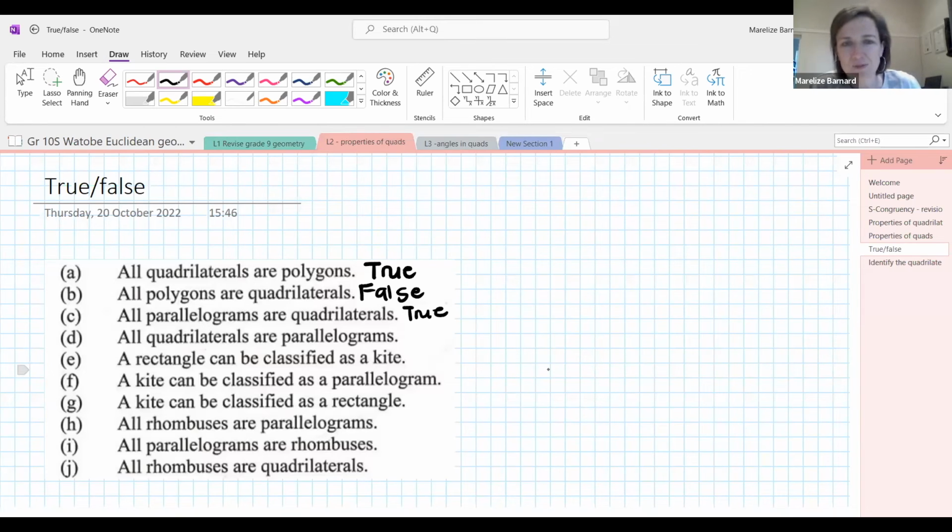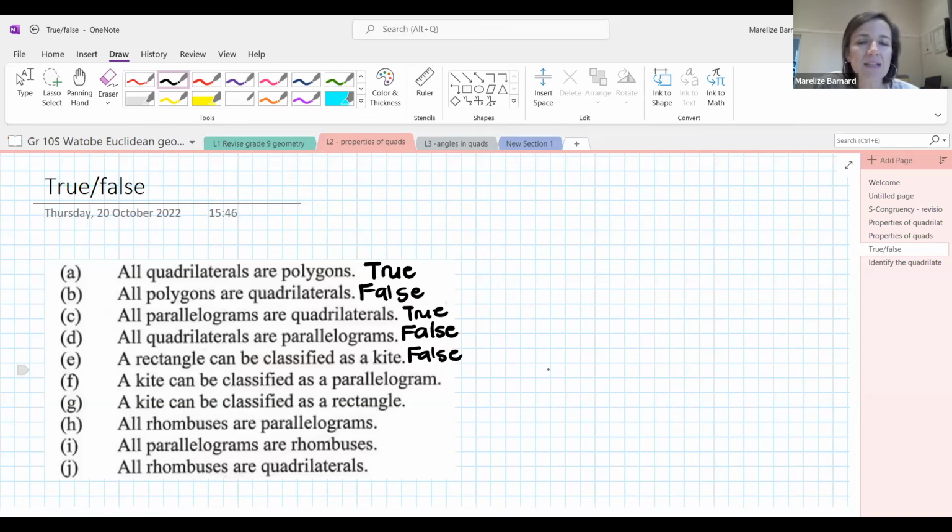All parallelograms are quadrilaterals because of the 4 corners and the 4 sides and the 360-degree angles. All quadrilaterals are parallelograms. That is false. Nice. A rectangle can be classified as a kite. Question E. Can a rectangle be classified as a kite? No, that's false.